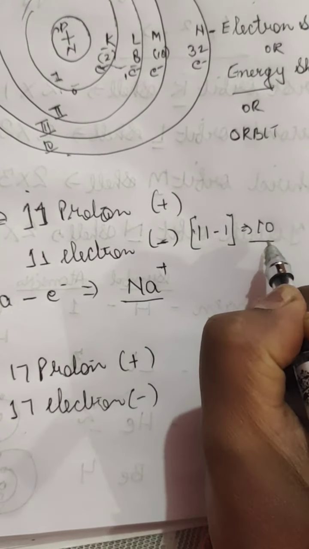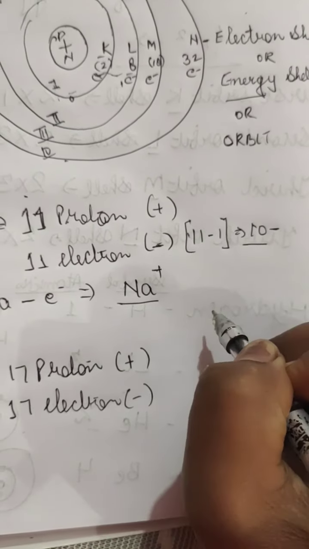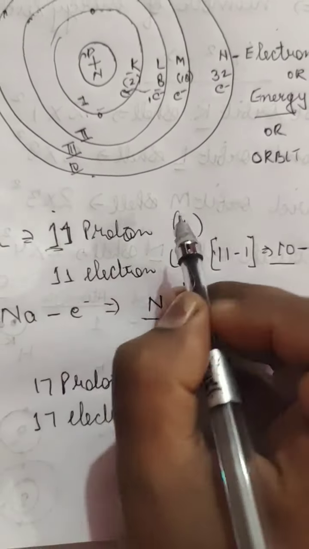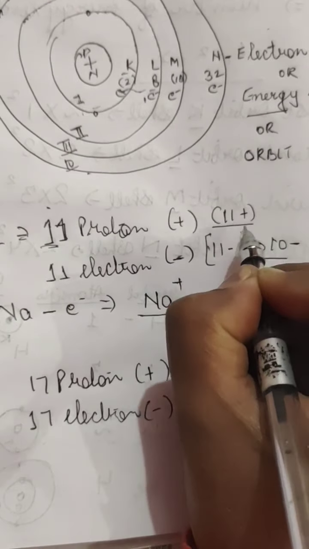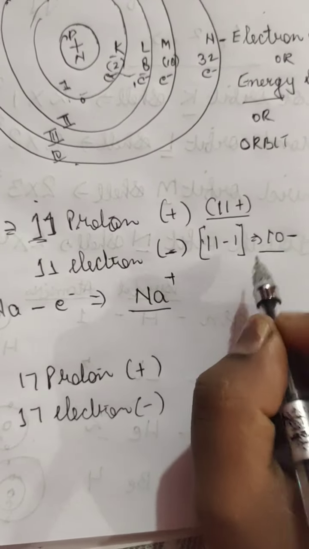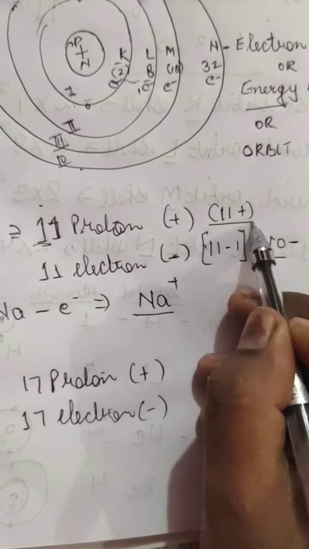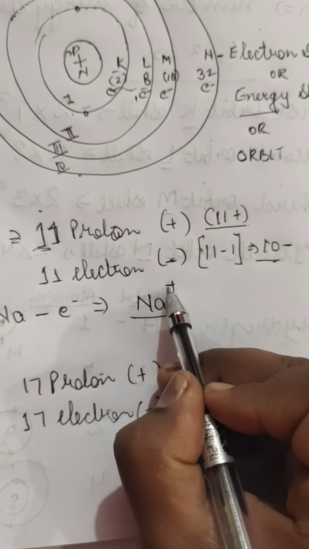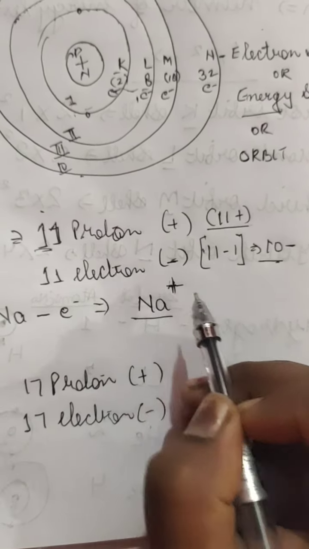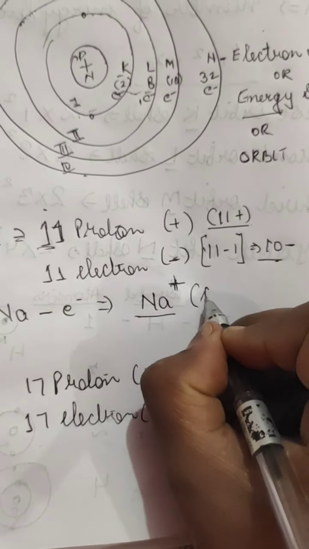So now the number of negative charges is 10 and the number of positive charges is 11. 11 is more than 10, so it has more positive charge than negative charge. That is why the symbol is positive, which is called a cation.